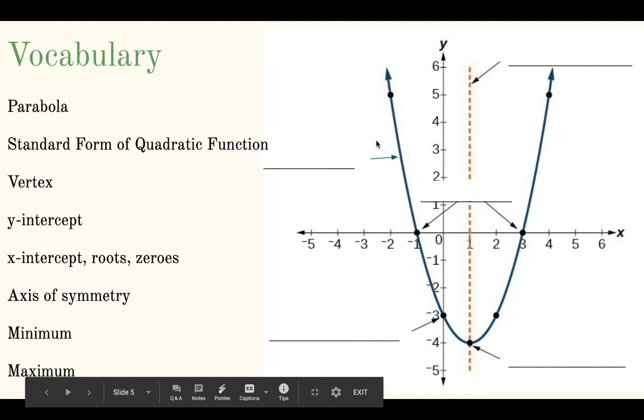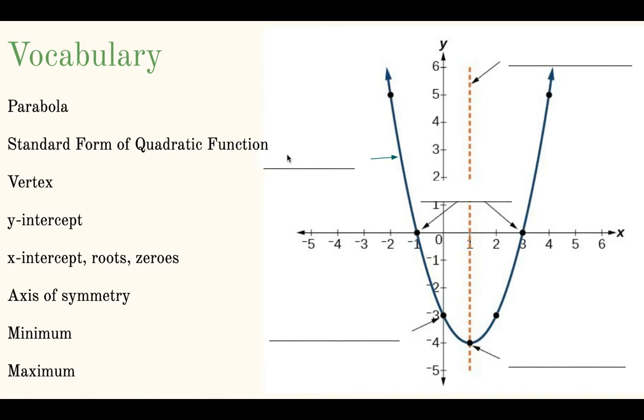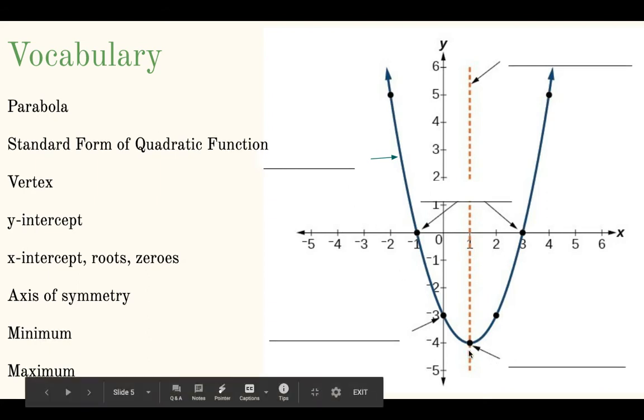A parabola is the U shape of a quadratic function graph. Standard form of a quadratic function is ax squared plus bx plus c. The vertex is the highest point or the lowest point of the parabola. So in this case, it's the minimum point.